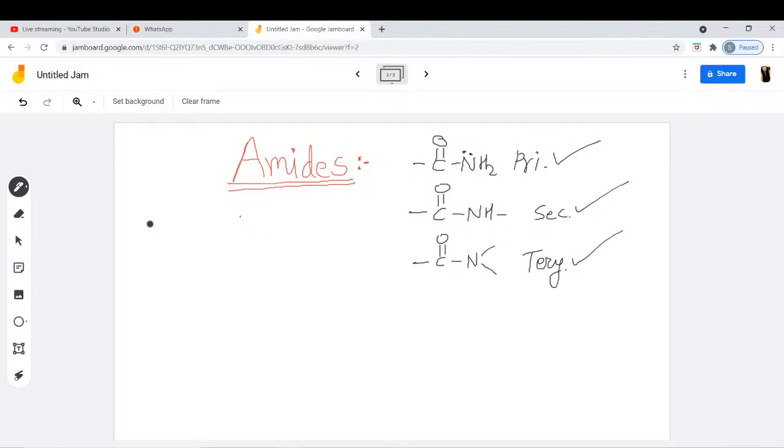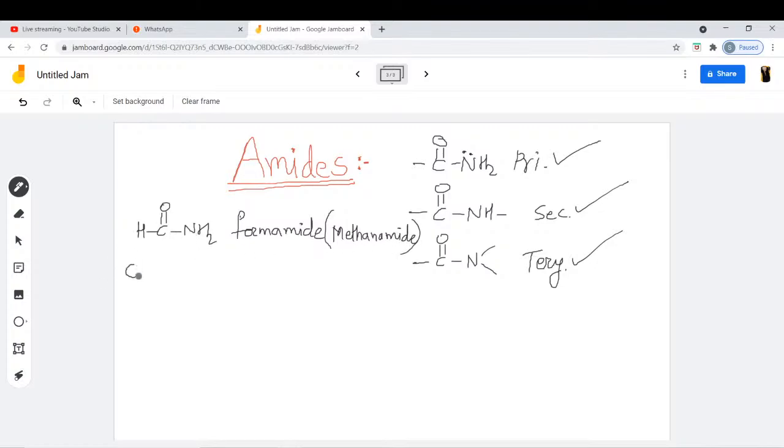Let's talk about its name. HC double bond O NH2, we call it formamide. With one carbon, we also call it methanamide.